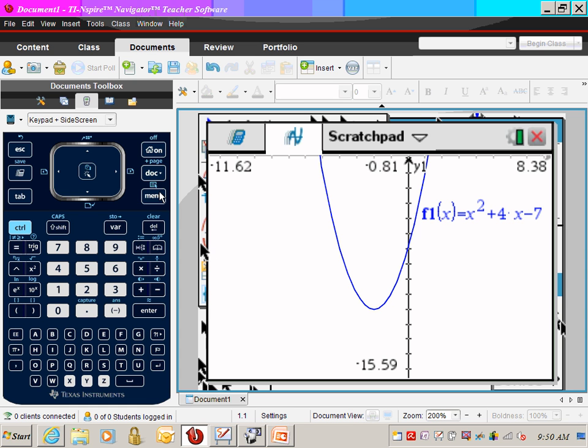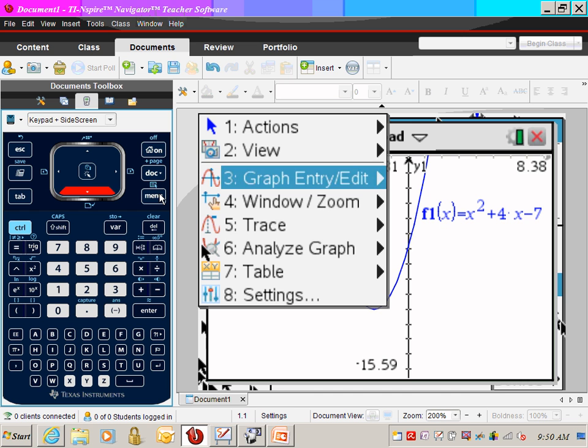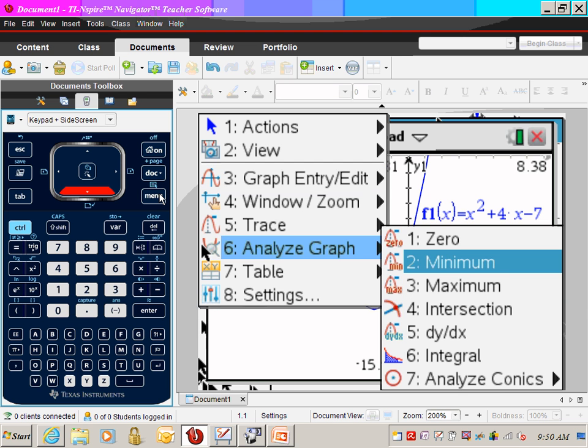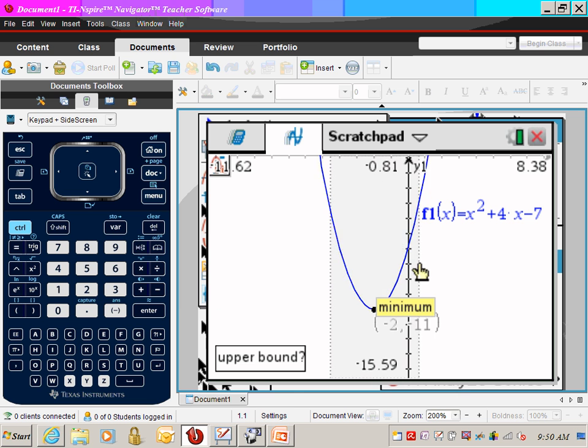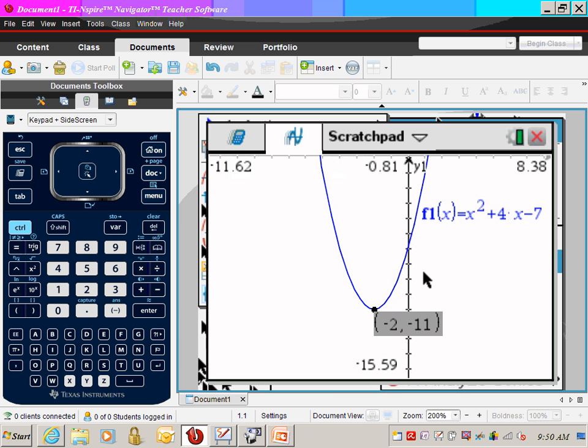Minimum. Did everyone get the vertex negative 2, negative 11? Yes. Perfect.